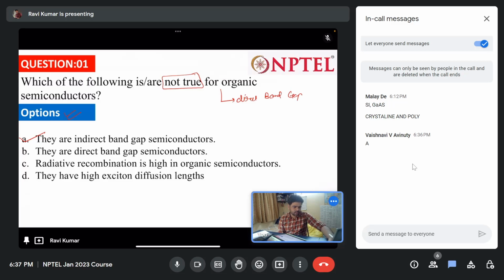Other than that, do you have anything more? They have high exciton diffusion length. Option B, do they have high exciton diffusion length? Am I right?